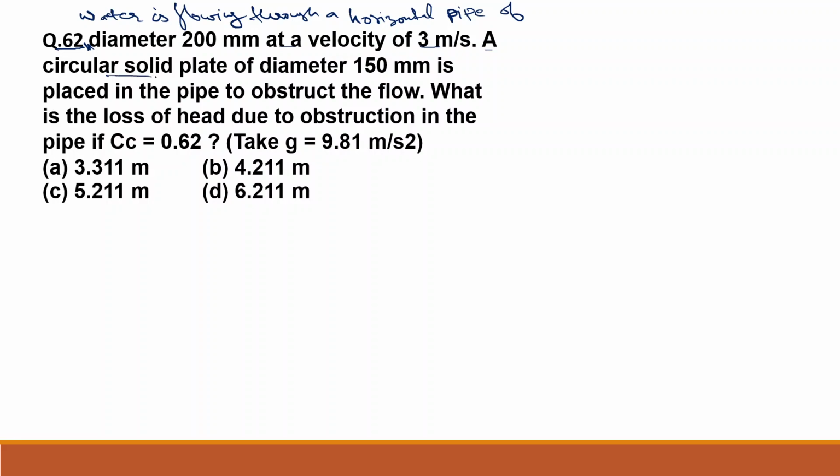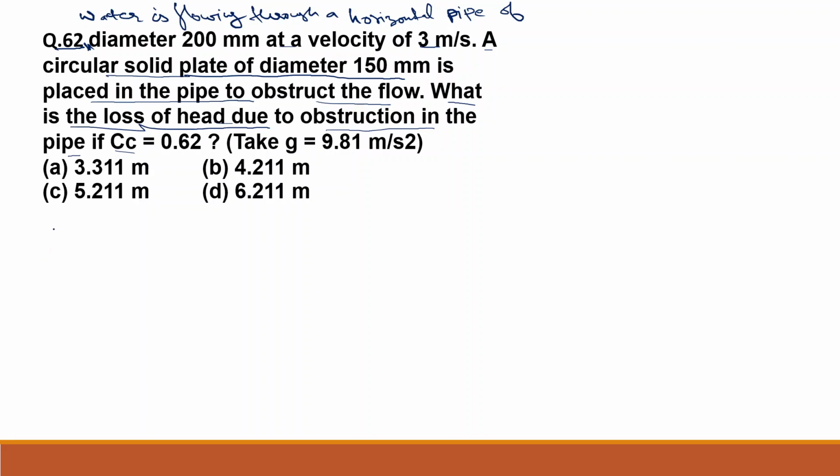A circular solid plate of diameter 150 mm is placed in the pipe to obstruct the flow. What is the loss of head due to obstruction in the pipe? If Cc is equal to 0.62, and gravity is 9.81 meter per second square. We have to find out the head loss due to obstruction in the pipe.